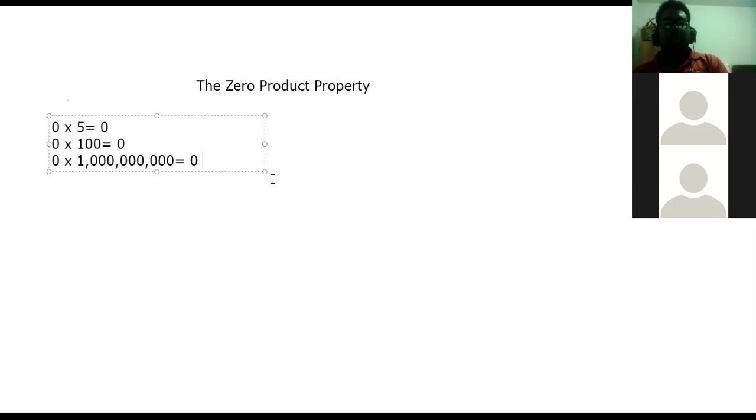So basically what the zero product property tells me is that, let's say I have two factors together, right? Let's say I have my equation, I'm doing my math, and I end up with something like x minus 2 times x minus 5 equals 0.